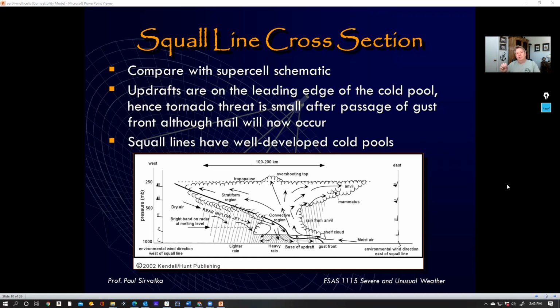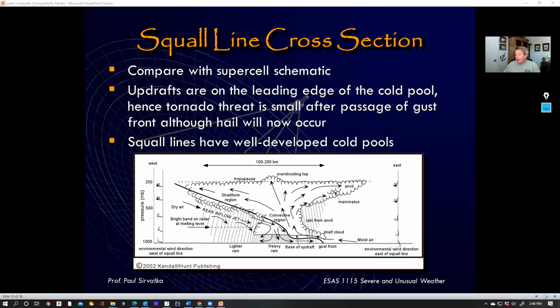Really what we had was a QLCS with tornadoes. Those were not supercells. They were short spin-ups as the gust front passed. So you had the strong winds, but there was still an updraft over that area that was able to stretch vorticity and create additional rotation that did a little bit additional damage than just the straight line winds.